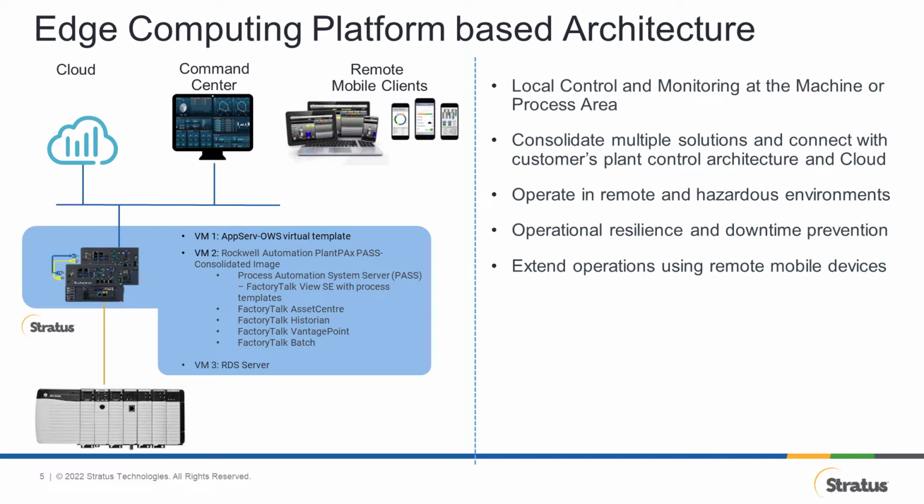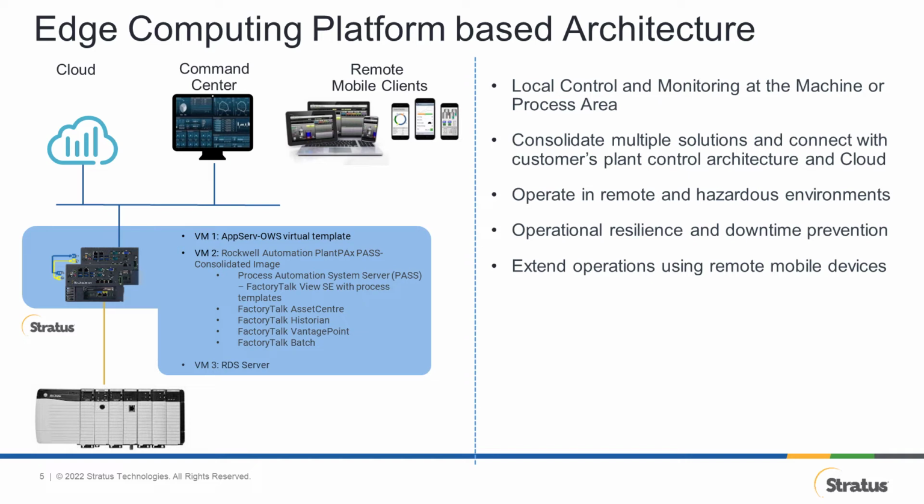What are the benefits of the architecture based on edge computing platforms? First, it'll provide the local control and monitoring at the machine and process area level. It will enable you to consolidate multiple solutions and connect with your customer's plant control architecture and also the cloud.